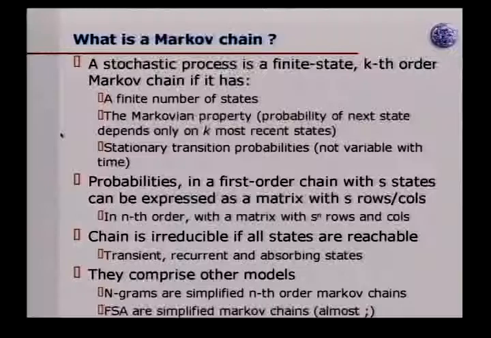A first order chain has transition probabilities which can be expressed on a very small matrix with S rows and S columns. Probability from A to B, from A to C, from C to A, or C to B, etc. It's a square matrix with S rows and columns.